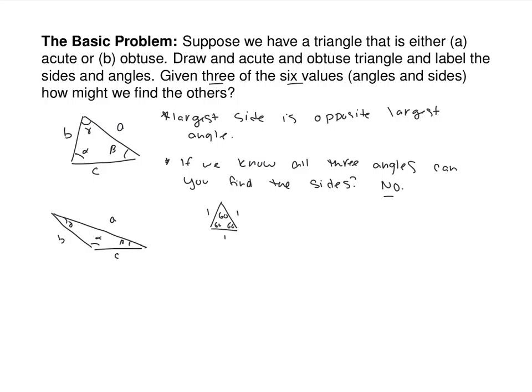And what if I draw a blown up version of that, where it's still 60, 60, 60, and all of the sides are 2? There are an infinite number of triangles that have the same angles and different sides. If you're just given angles, there are a lot of triangles that fit, and they might have some kind of classification to them, but we're not really going to touch that case. You can scale up or scale down, and the angles don't change, but the side lengths do. So in that case, no.